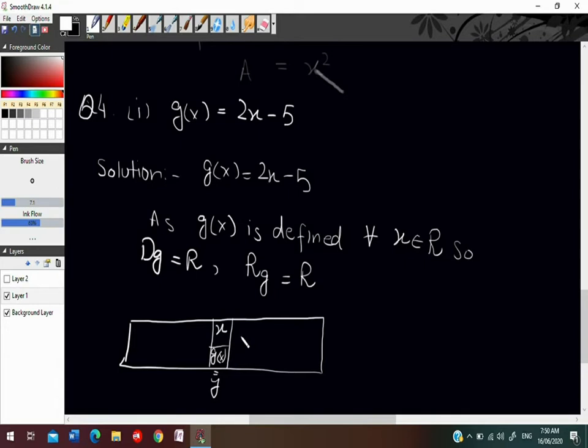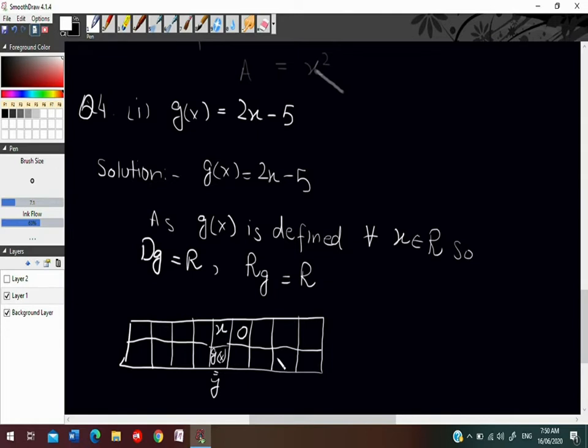Suppose the first value is 0. First I make this table, and then I will show how we put the values and get the result.